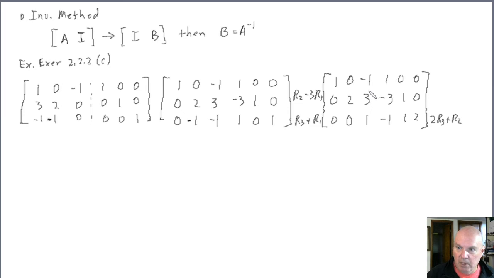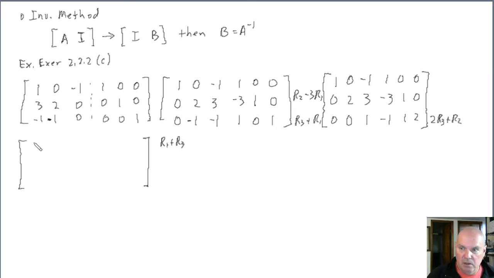Now I want to get zeros above and below this leading term. I see what I can do here is add row 3 to row 1. 1 plus minus 1 would give me 0 there.